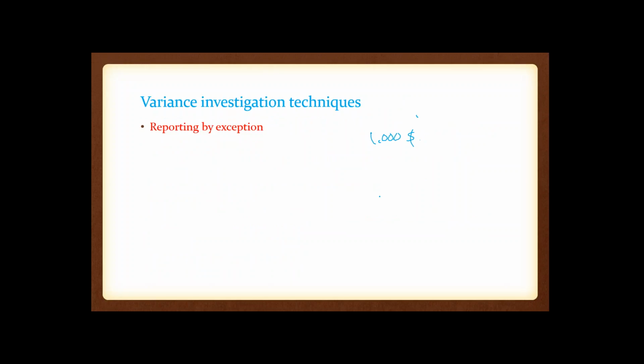So that's exceptional reporting. 100, 200, those variances are not reported, not investigated. But big variances like 1,000 and above will be investigated. That is what we call reporting by exception. So you must identify significant variances.